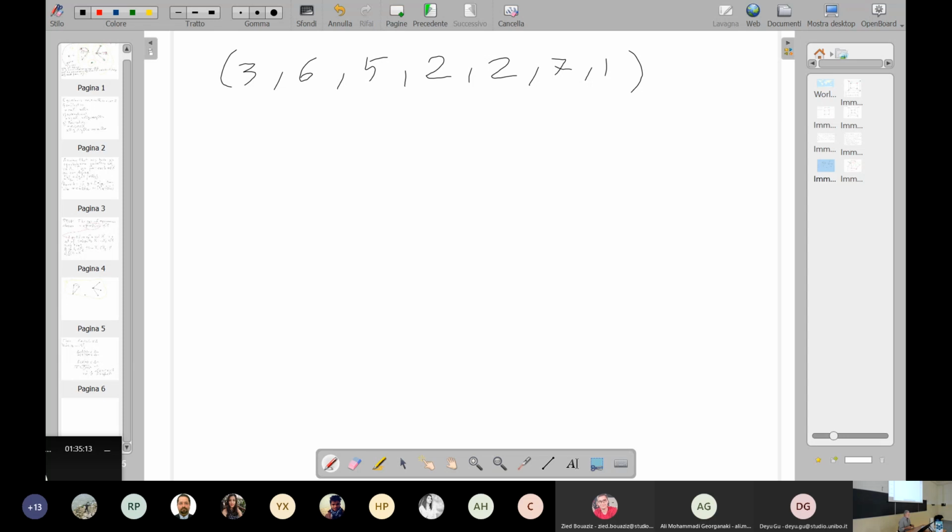You have a sequence of numbers, and the condition is satisfied. Okay, the sum is even. Why? Because I have 6, 2, 2, and then I have 3 plus 5, which is even, 7 plus 1, which is even. So the sum is even. Now, what is a graph having these? But it is not possible because 7 is too much. Not a simple graph. I have insisted quite a lot on this. This is true if the graph is generally not simple.